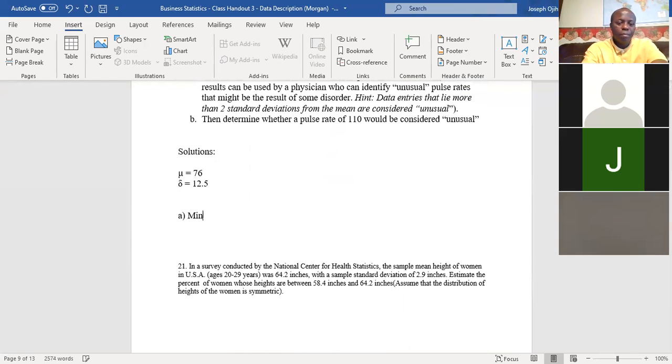So the minimum will be the mean minus 2 times the standard deviation, which is the mean of 76 minus 2 times the standard deviation of 12.5. And that will give you the answer.